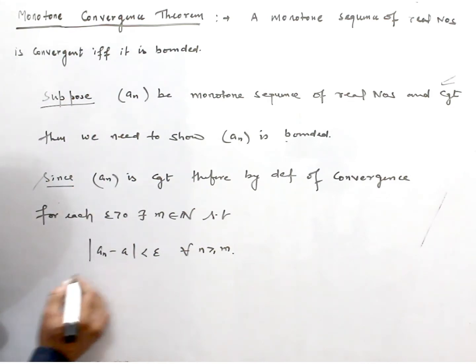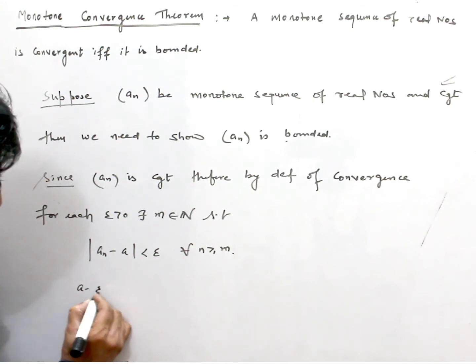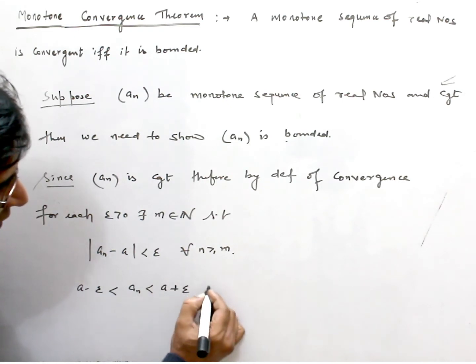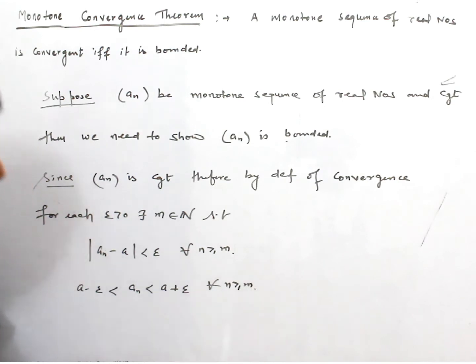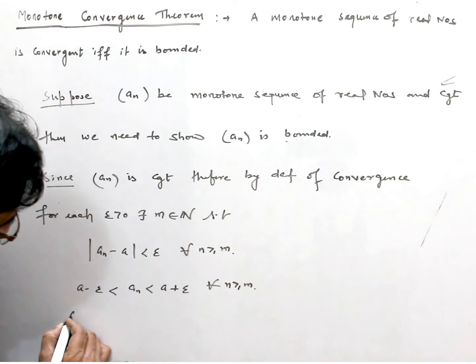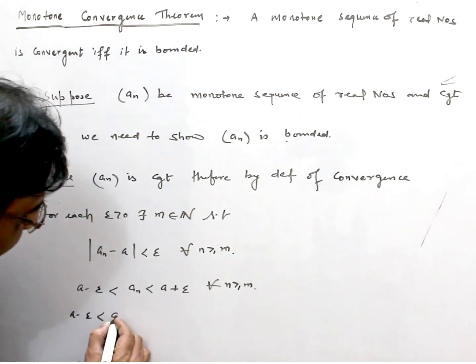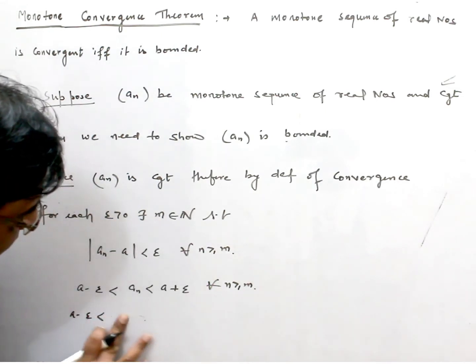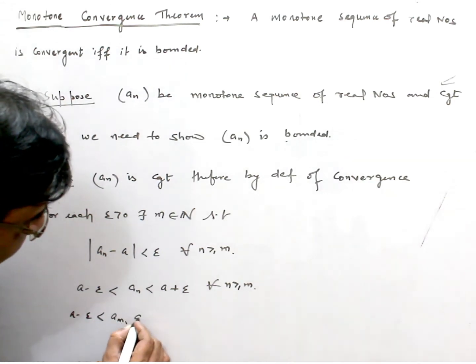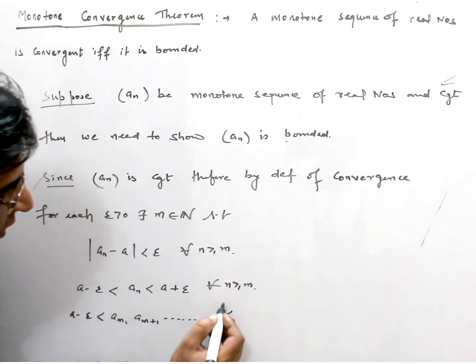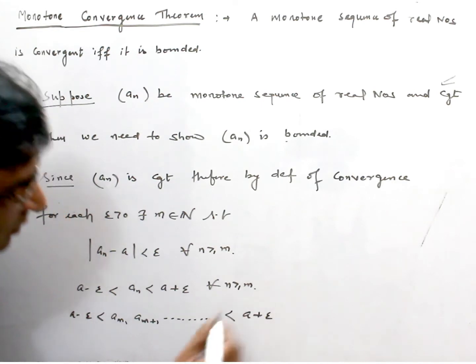So now this can be written as a minus epsilon less than An less than a plus epsilon for all n greater than m. What does this mean? If the sequence is, suppose, increasing, then Am plus 1 and the bigger terms lie between a minus epsilon and a plus epsilon.